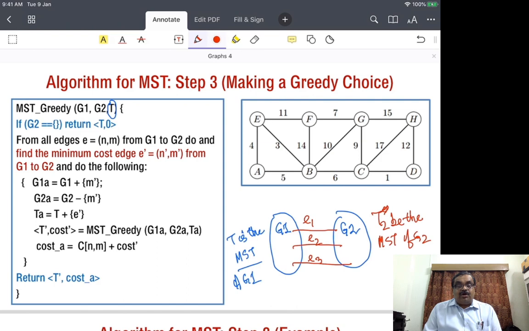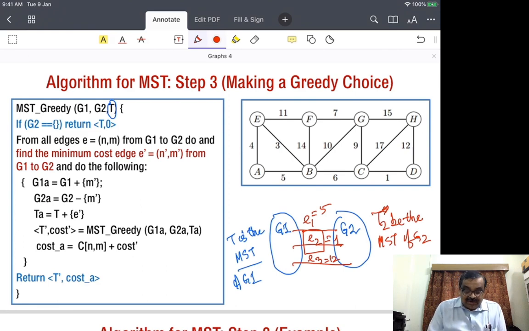Because they are two disjoint sets of vertices, I will obviously connect it by the one which is of minimum cost. Suppose E2 is the minimum edge. Suppose E1 is 5, E2 is 1, and E3 is 12. Then obviously I will connect it by 1, because if I connect it by any other combination, I will get a larger spanning tree. So by this we see that from all the other options, we are now able to reduce our recursion and get to a greedy choice.